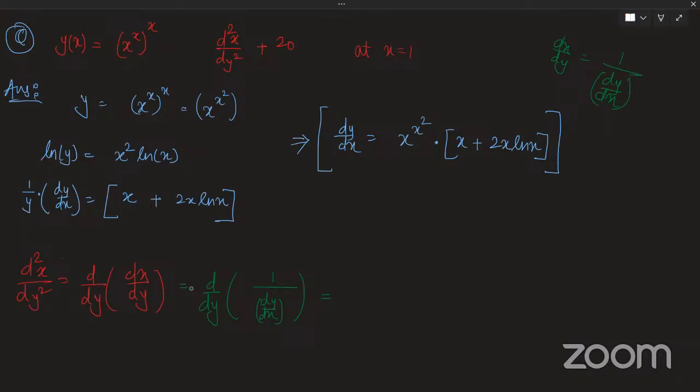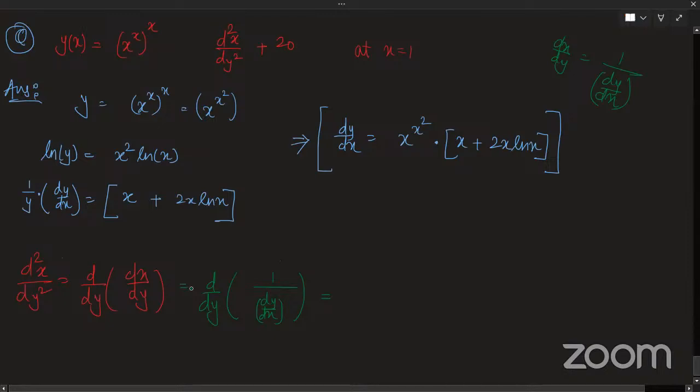How can I differentiate a function that has only terms of x with respect to a variable that is not there? Like, how will I do that? See, it is asking me to differentiate 1 by dy by dx. So dy by dx only has terms of x, and 1 by dy by dx will also only have terms of x.